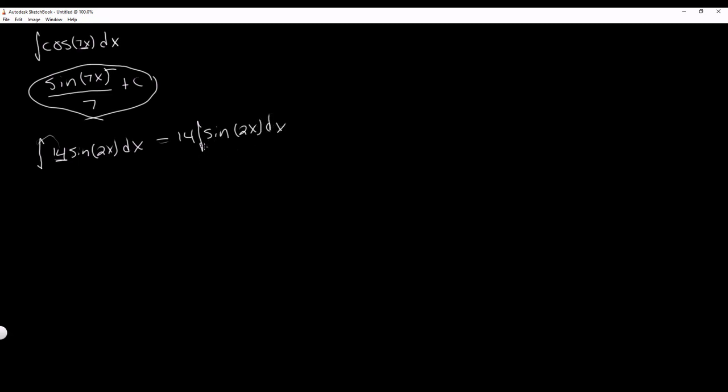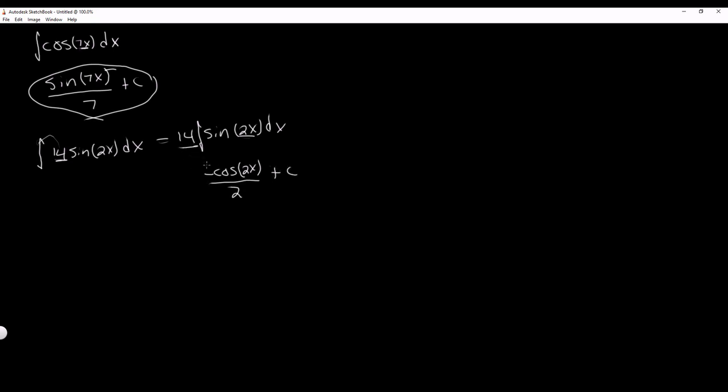And we know that the antiderivative of sine is negative cosine, so we can say that this is negative cosine, we keep the angle the same, of 2x divided by the derivative of the angle, and the derivative of 2x is 2, divided by 2 plus c.